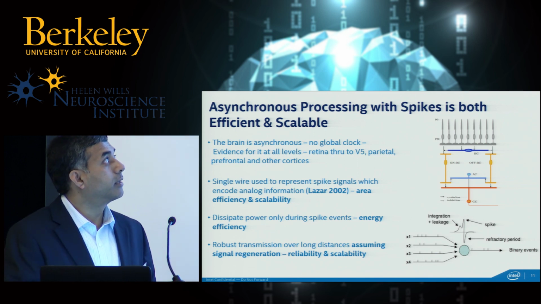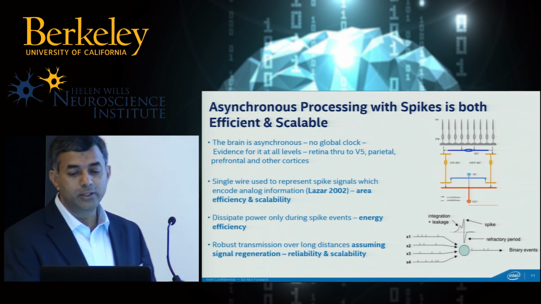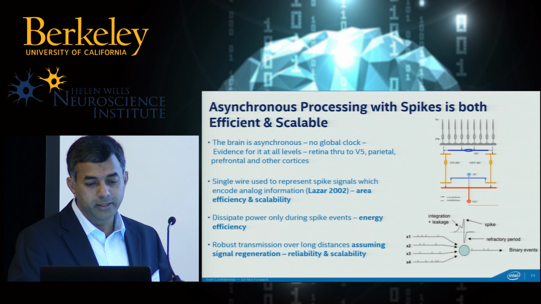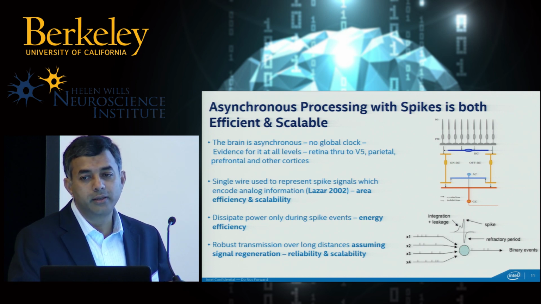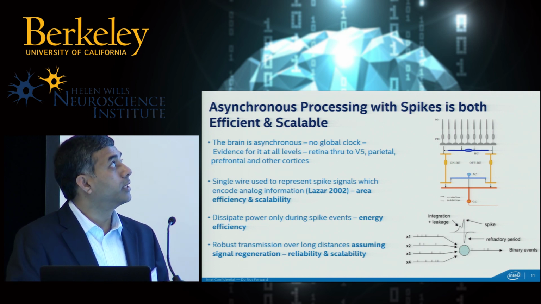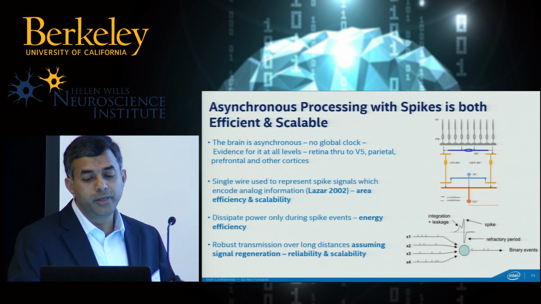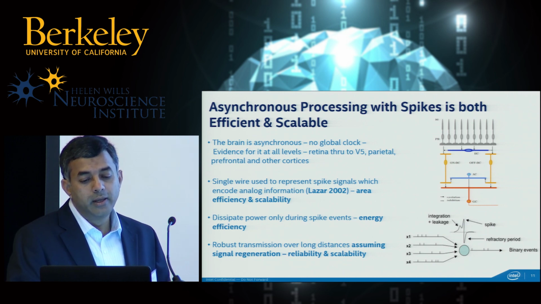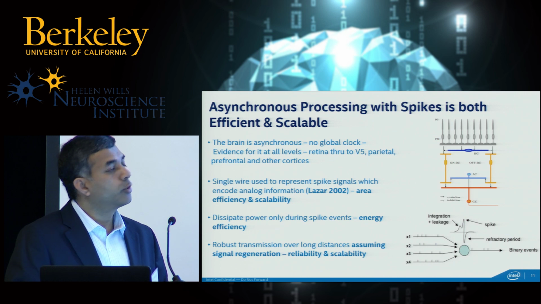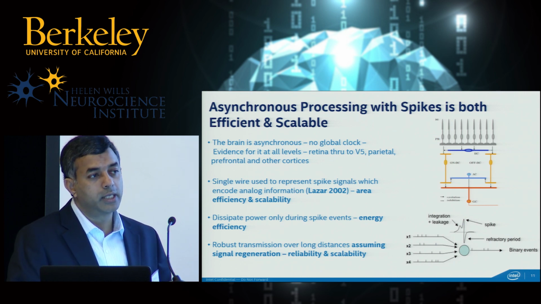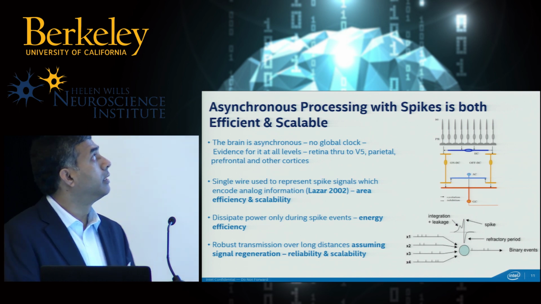Some of the features that seem to be interesting, at least to Intel, are some of these ideas. So the idea of asynchronous processing with spikes that is both efficient and scalable. There's lots of evidence for the brain being asynchronous. There are lots of rhythms in the brain, but there's no particular global clock. So there's evidence for it at all levels, retina through V5, parietal, prefrontal, and other cortices.